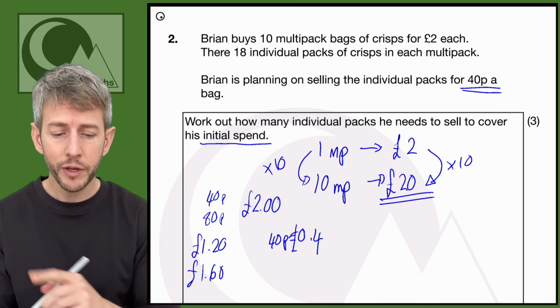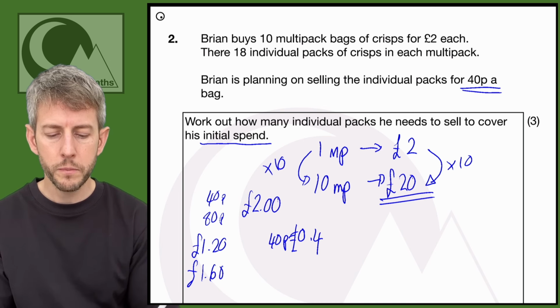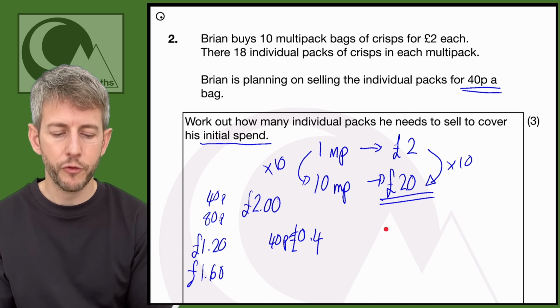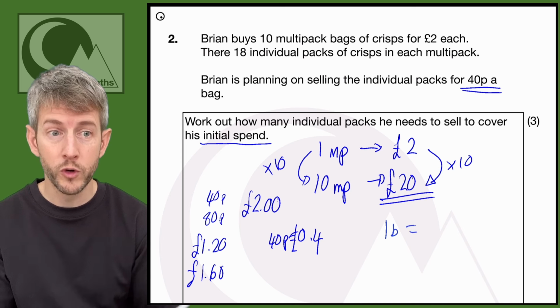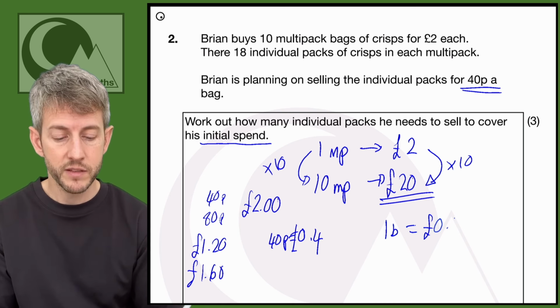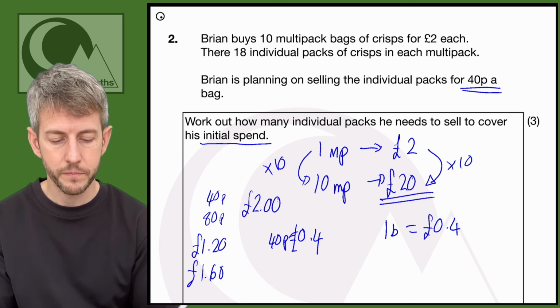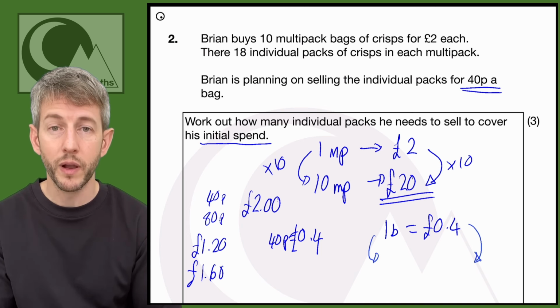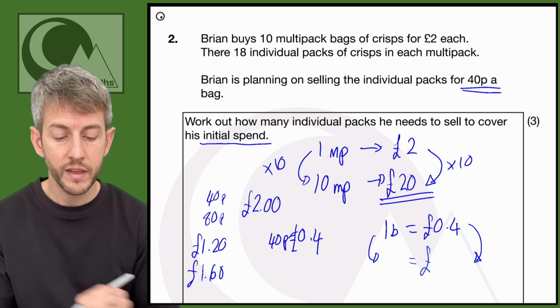So what we're now looking at is if one bag equals 0.4 pounds, or 40 pence, we want to know how many bags we're going to need to get up to this £20. So we want our bags to be worth £20. So we're looking at, what do we multiply 0.4 by to get to 20?